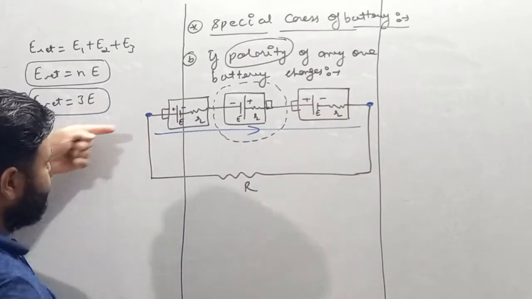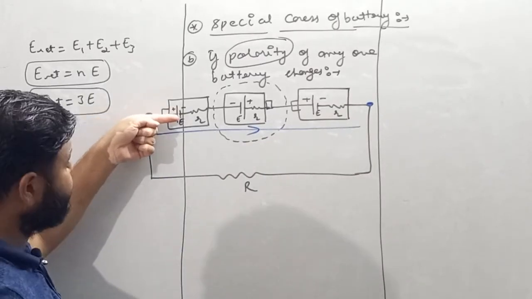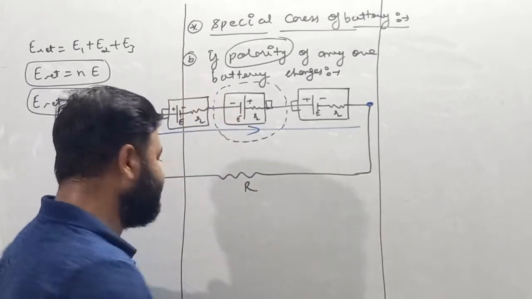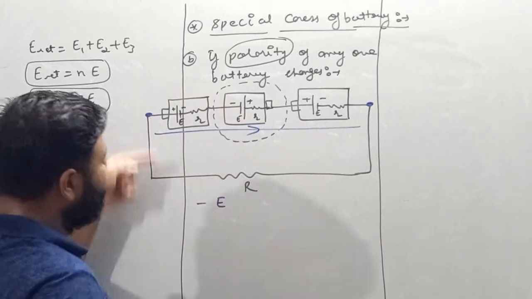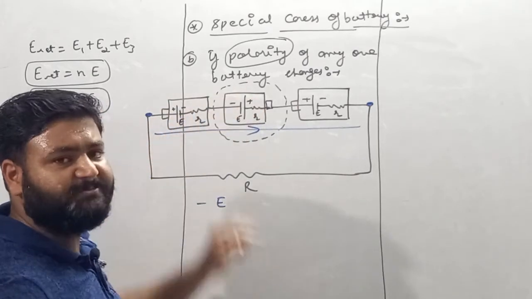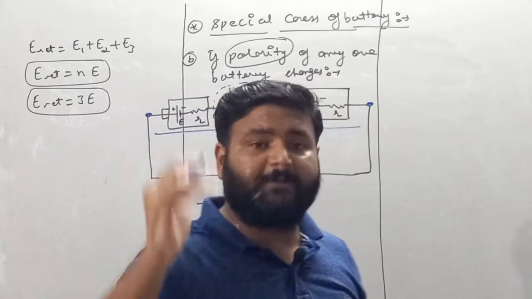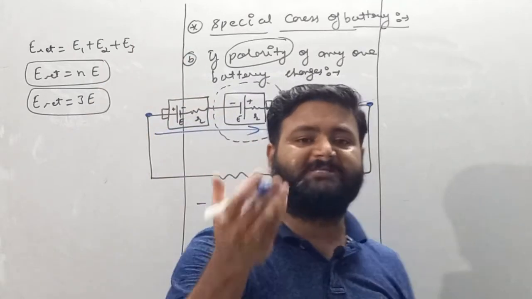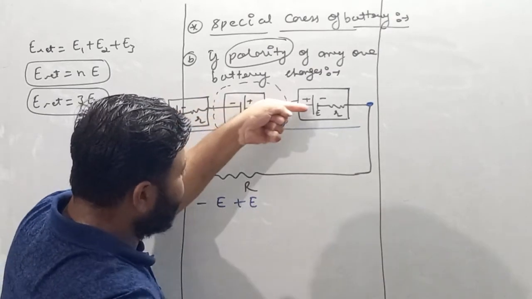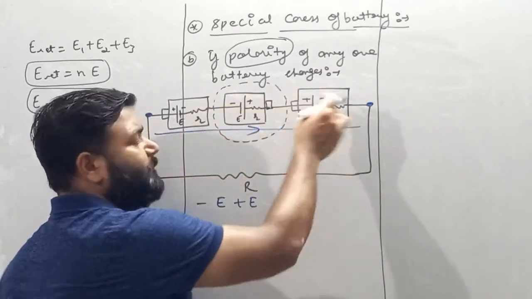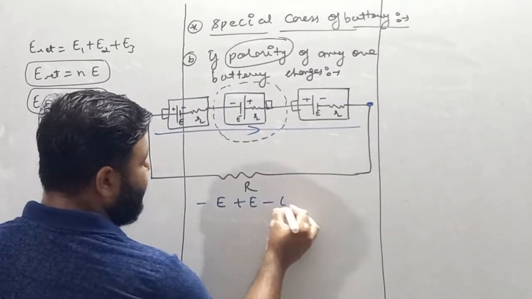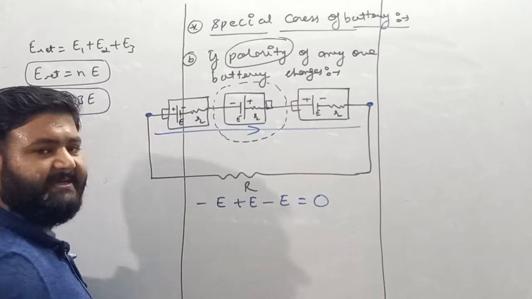I am moving from plus to minus, higher to lower potential, that is, the potential is decreasing, so we can write minus E. Next we are moving from minus to plus, which means from lower potential to higher potential, so my potential is increasing, so I'll write plus E. Now next, moving from plus to minus means higher potential to lower potential, potential is decreasing, so I'll write minus E, and it is equal to 0.